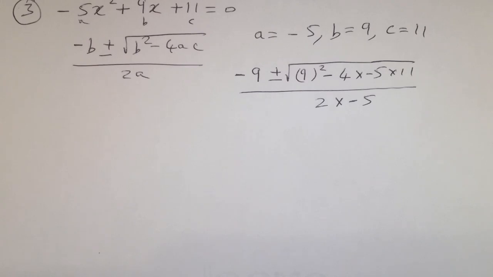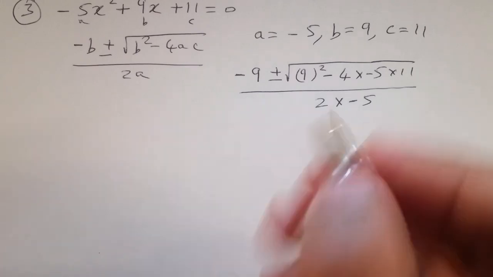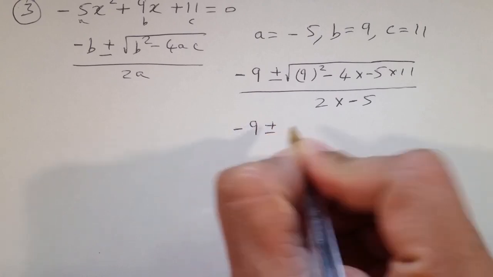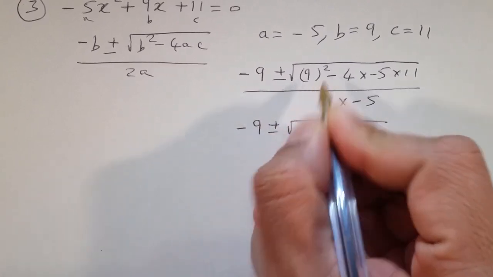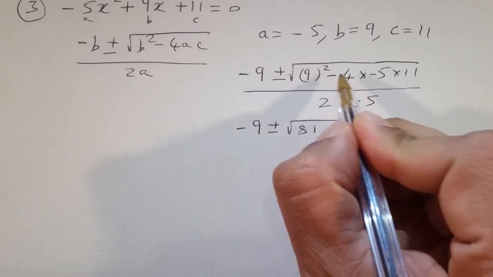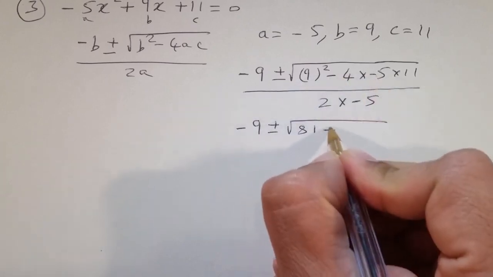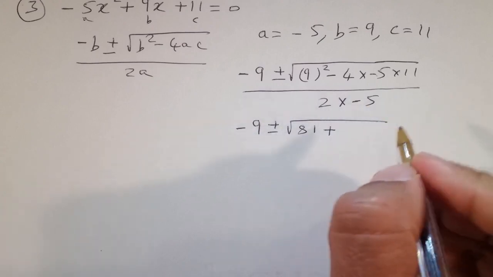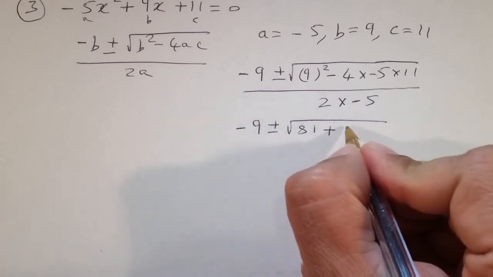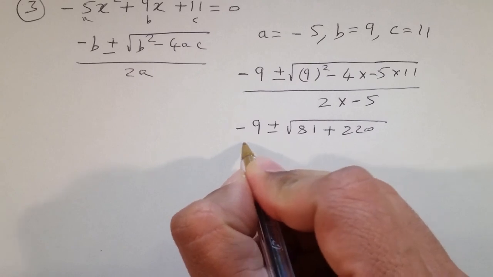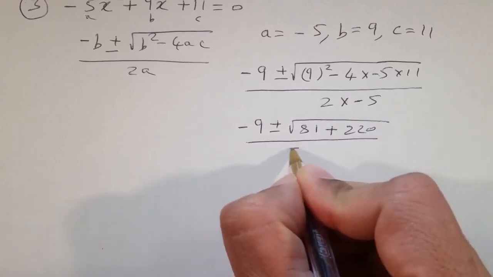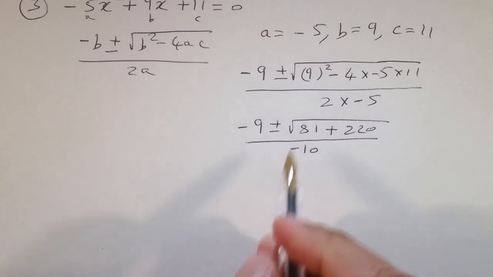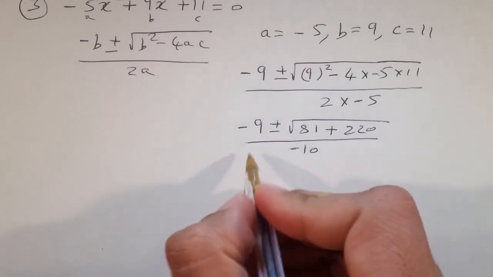If it's a calculator, put this on the calculator, you get the answer. Non-calculator, carry on. Minus 9 plus minus root 9 square 81, minus times minus is plus, 5 4 is 20, 20 times 11 is 220, over minus 10. See, it's nothing different. It's exactly the same. Just be careful with the plus and minus signs.